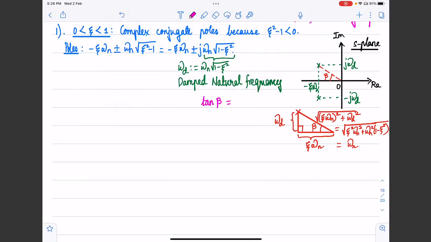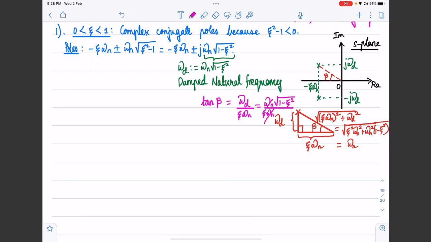Please remember them. So tan beta, the tangent of the angle, is the opposite divided by the adjacent side. The opposite side is omega d, and the adjacent side is zeta omega n. Omega d is omega n times square root of 1 minus zeta square, so we write omega n times square root of 1 minus zeta square divided by zeta omega n.